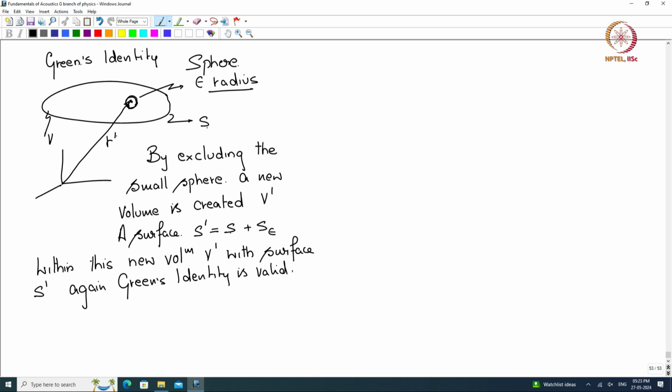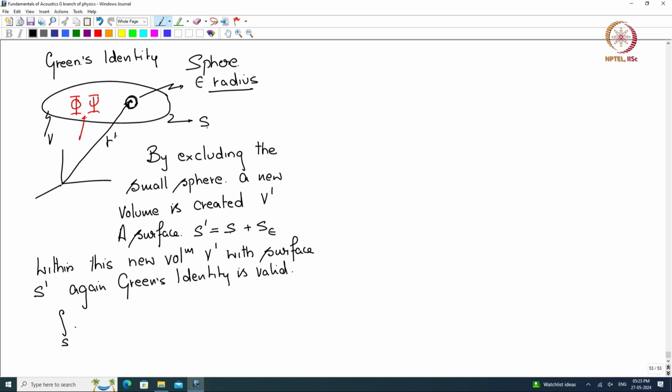Why? Because in this new volume, the phi and psi do not have sources, they are away from sources, so they will satisfy the homogeneous Helmholtz equation. So then we can again apply on S dash.